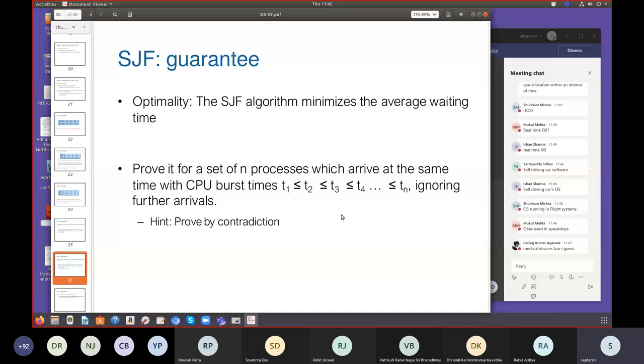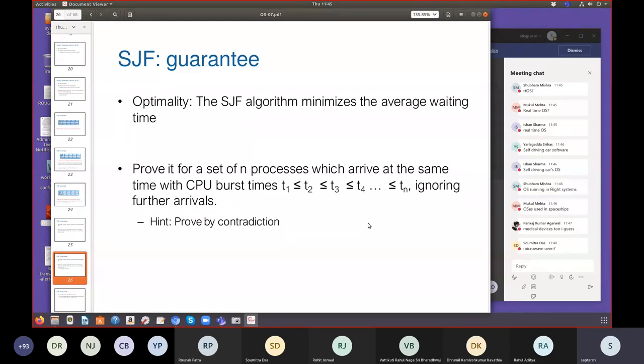But in a flight or in a self-driving car, or these signals which control railways, they require strict real-time guarantees. Microwave oven, maybe, but not as important as self-driving cars or flight systems. But okay, let's come back. This is just to tell you that scheduling can be a much more complicated problem than what we are discussing here, but we are discussing only simple schedulings.